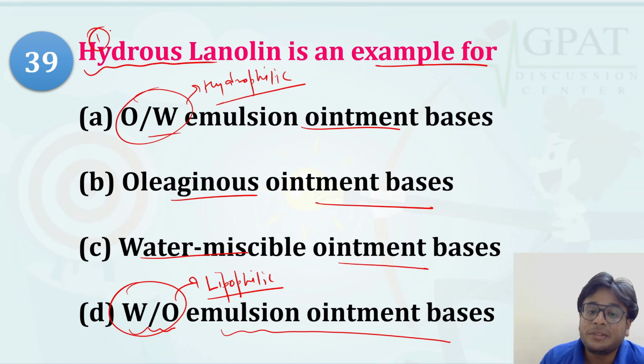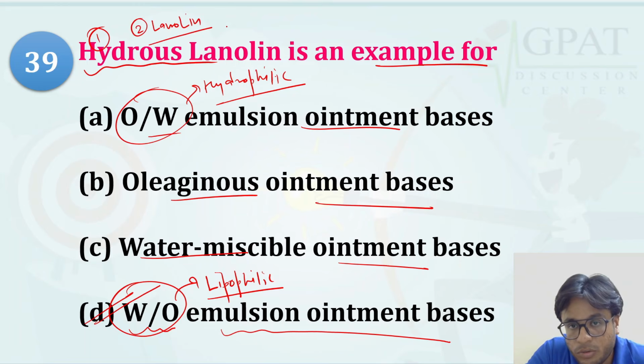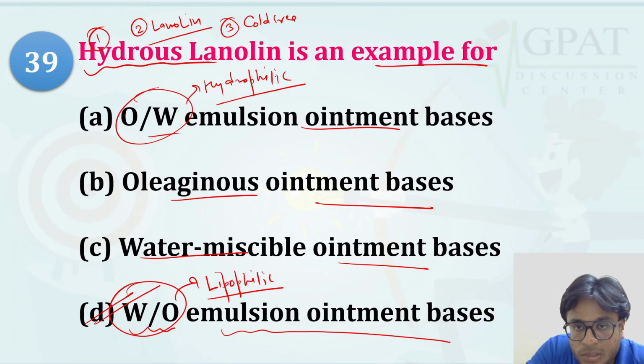So hydrous lanolin is a kind of which base? The water in oil type of emulsion base. Yes, water in oil type of emulsion base is a kind of lipophilic base. The other examples of it are, first hydrous lanolin, second the lanolin itself, and third the cold cream, eucerin. Cold cream is also an example of it.